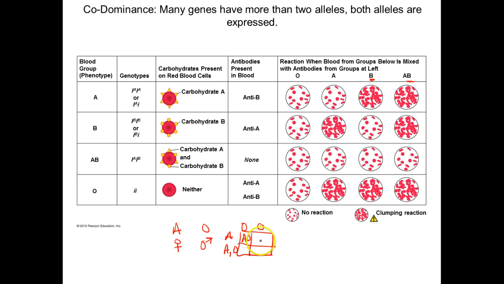So in this case, the offspring can be heterozygous, it'll be AO, or they could be OO if the mother is heterozygous. So the possible blood types for the offspring are AO and OO, that's their genotype, and the phenotype is either A or O.